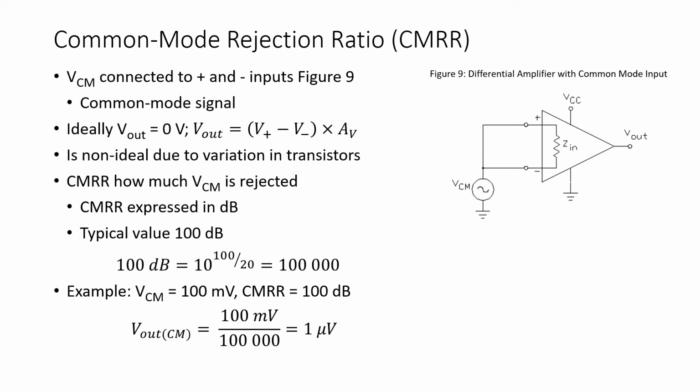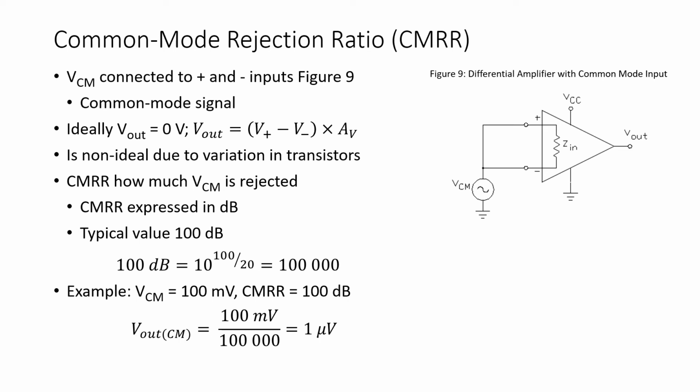Common mode rejection ratio tells us how much this common voltage is rejected. The common mode rejection ratio is typically expressed in decibels. A typical value for a differential amplifier would be a common mode rejection of 100 decibels.